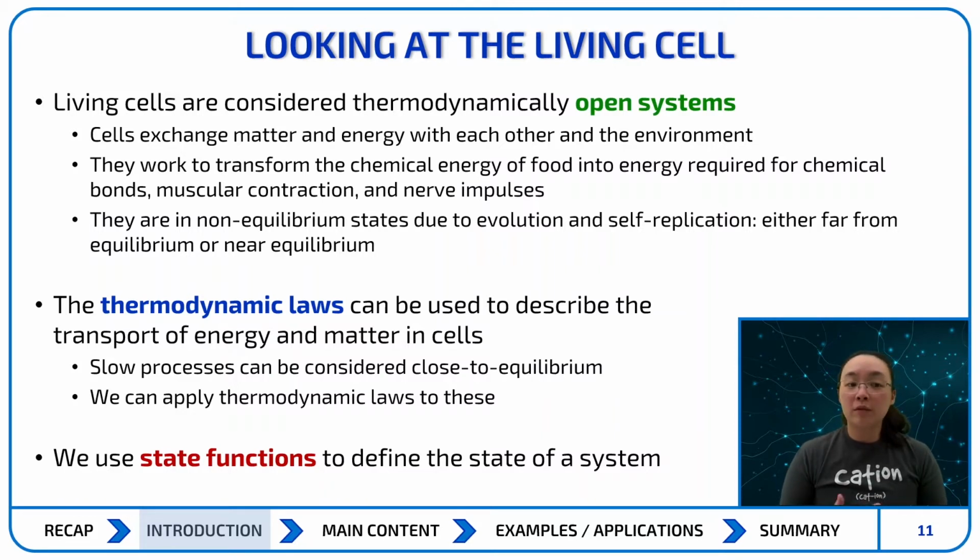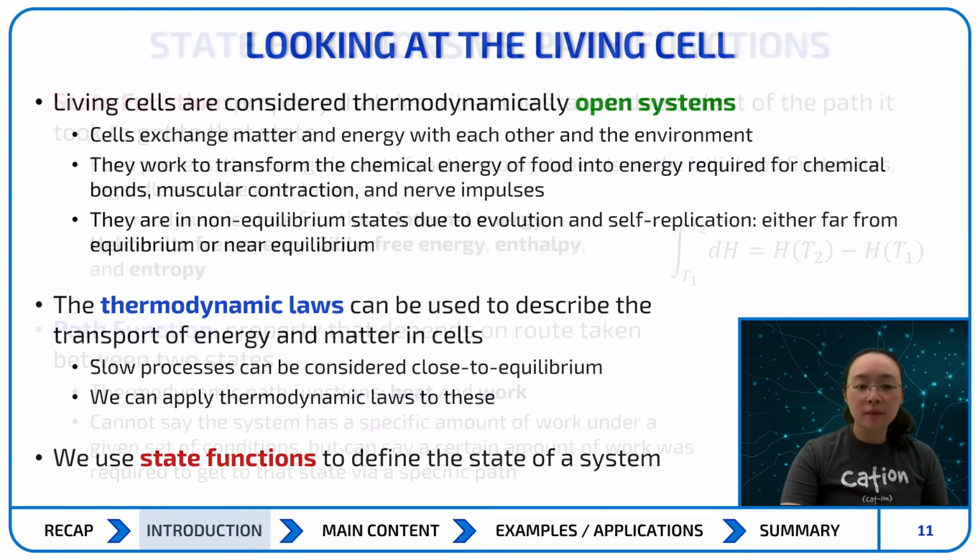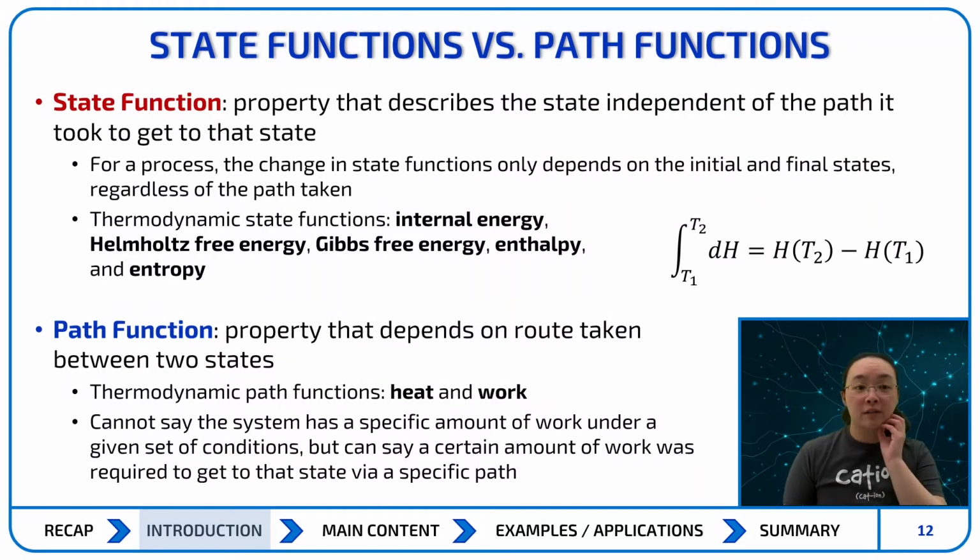So now that we've been able to define what thermodynamics is, as well as what a living system is categorized as, an open system, and the fact that we can apply it to a living system at near equilibrium states, we now have to figure out how we can describe or define the state of a system, and that's where state functions come in, or the thermodynamic potentials.